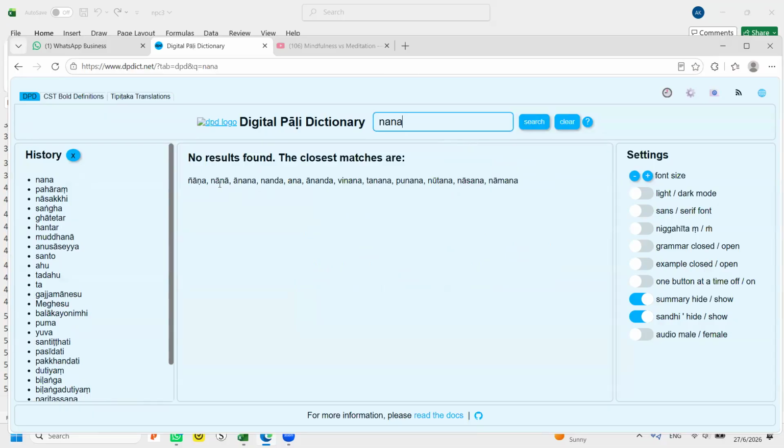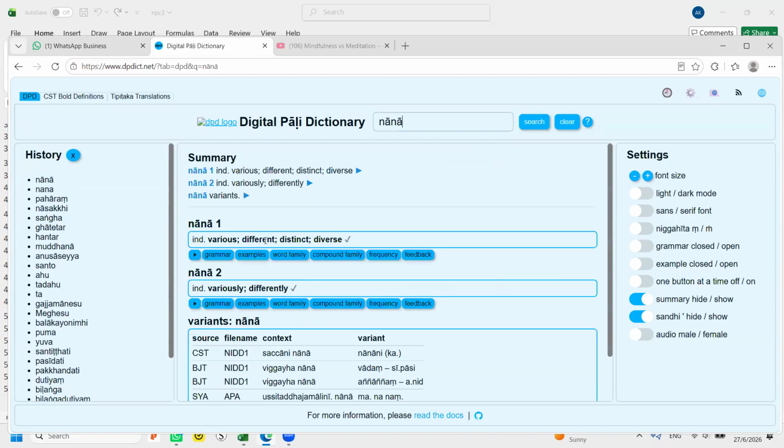This is the one. Okay. So if you look at nana, it's indeclinable. It can mean various, different, distinctive.